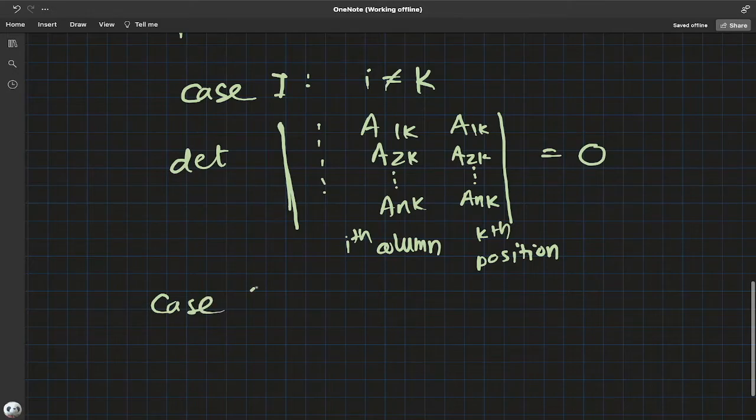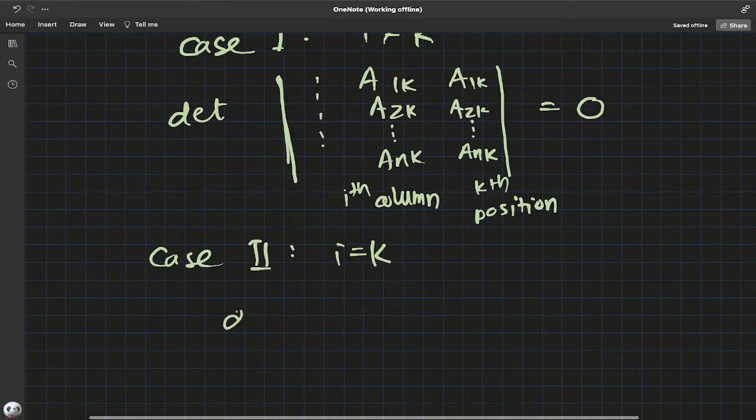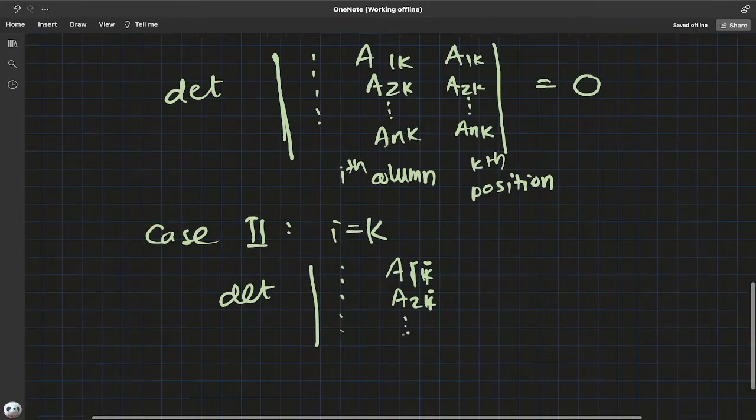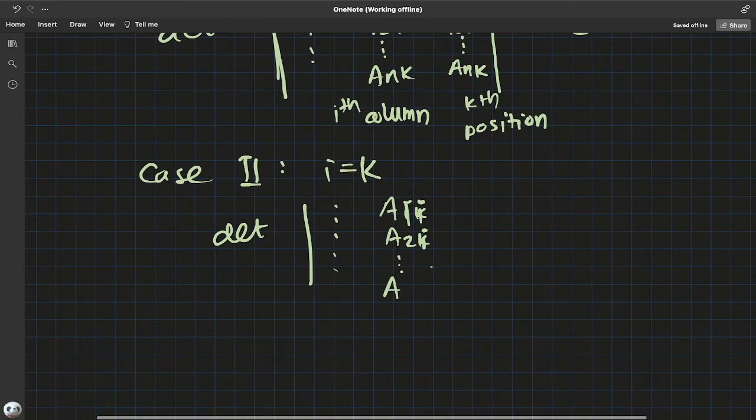The second case is when i equals k. That's when you're basically writing out the column that we ignored during the cofactor, when we found the cofactor out. So you have an i here instead of a k because i and k are the same. And since this was the column we excluded in the cofactor expansion, it's not present anywhere else.